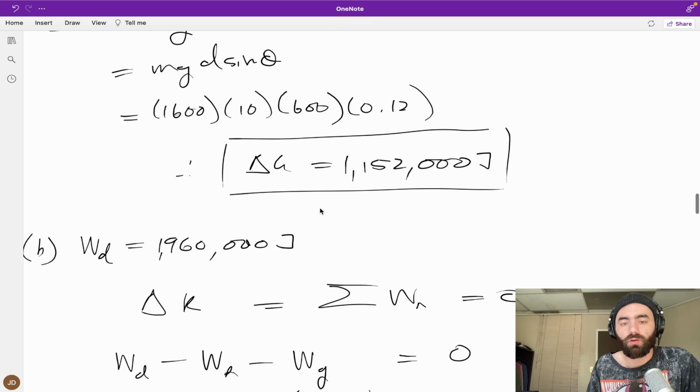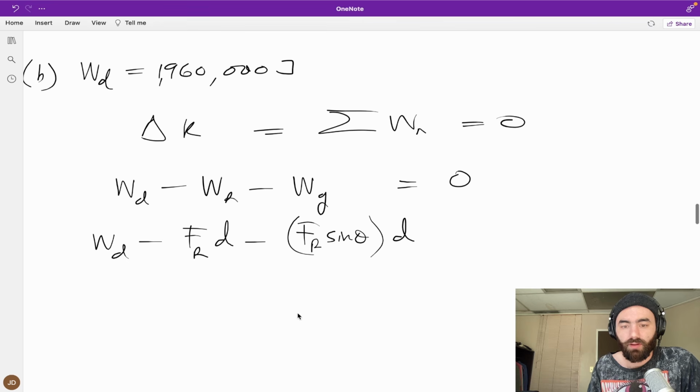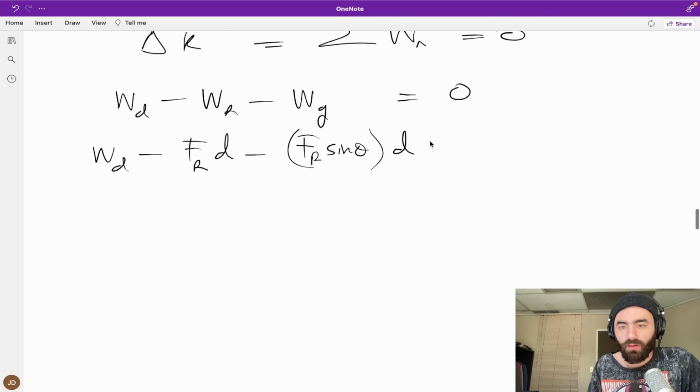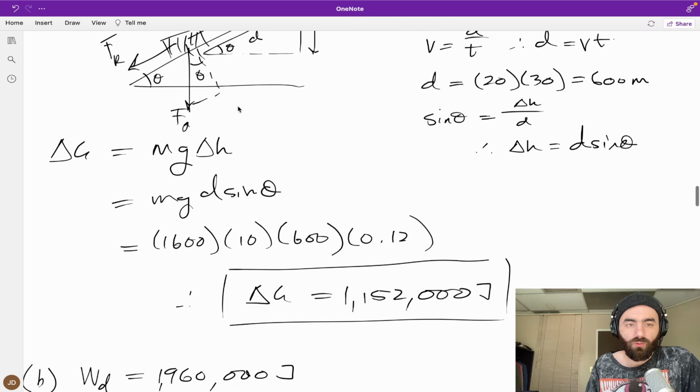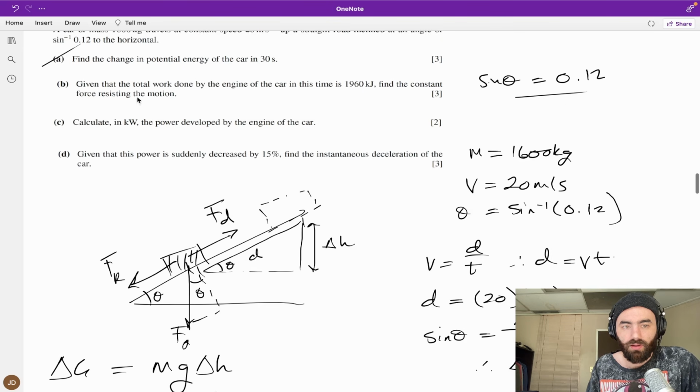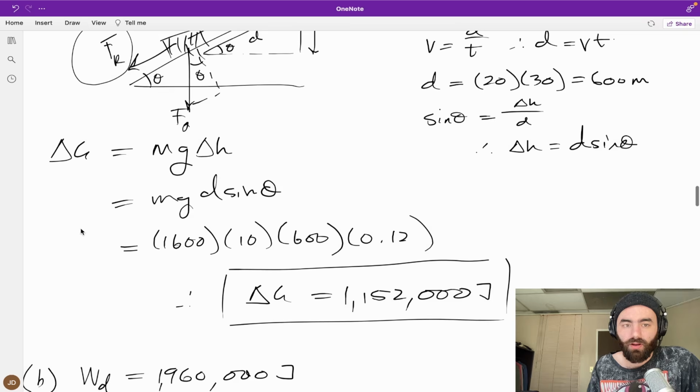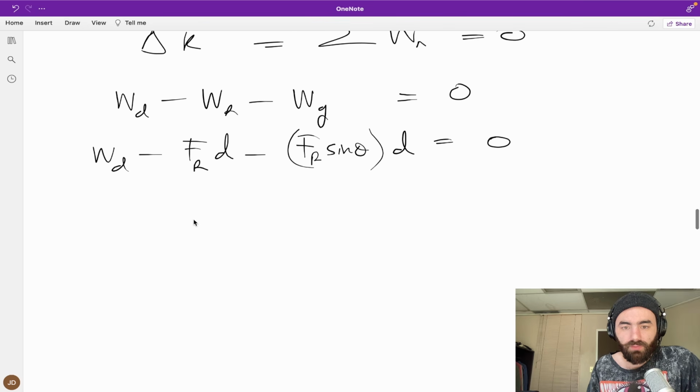That's why I'm going quicker here. This is the force down the slope. We're looking for the constant force resisting the motion, which is FR. And we have everything.